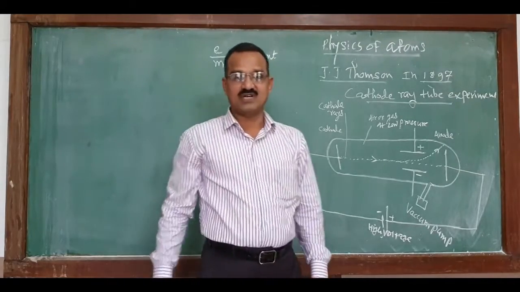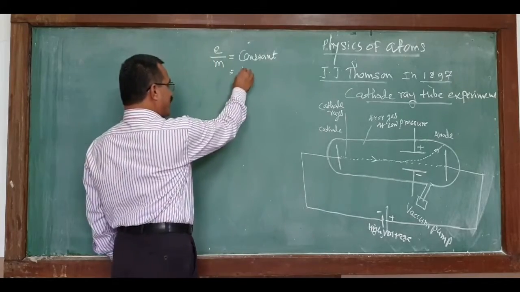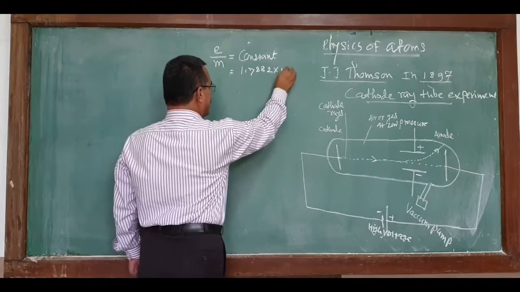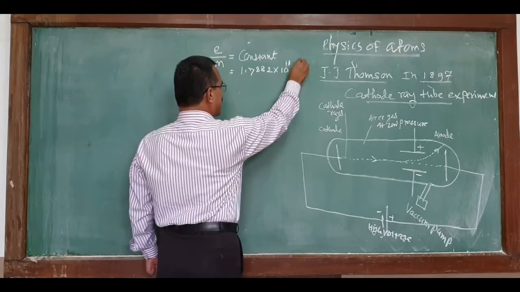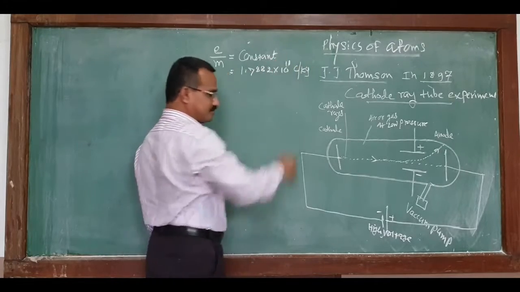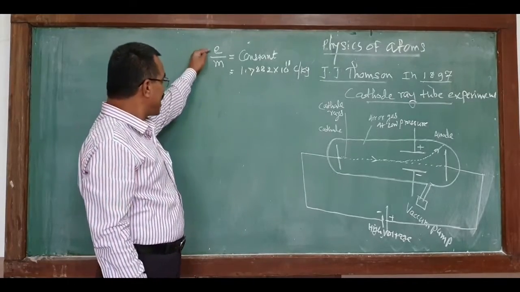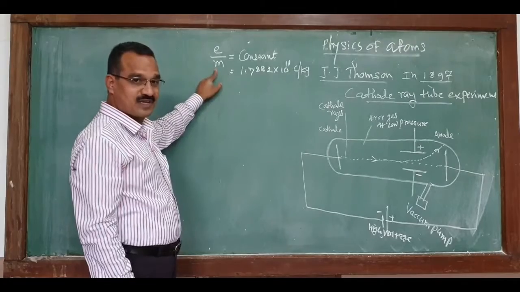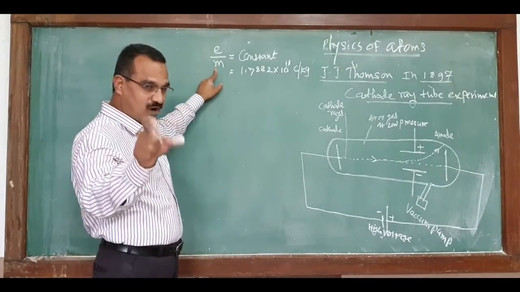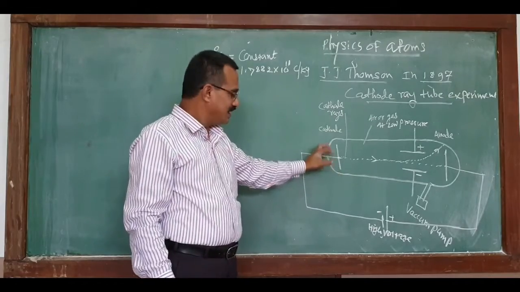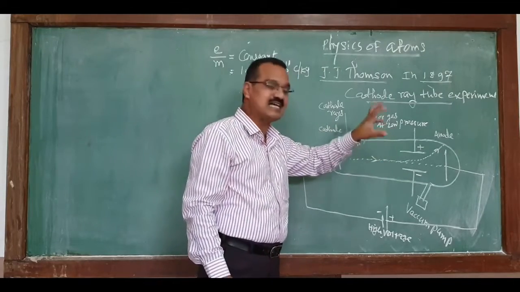and that value is equal to 1.7882 times 10 raised to 11 coulomb per kg. It means that the charge to mass ratio is independent of the material of the cathode and the nature of the gas inside the tube.